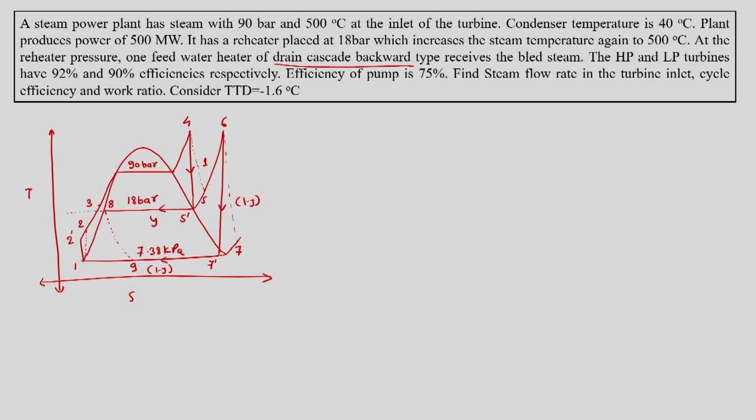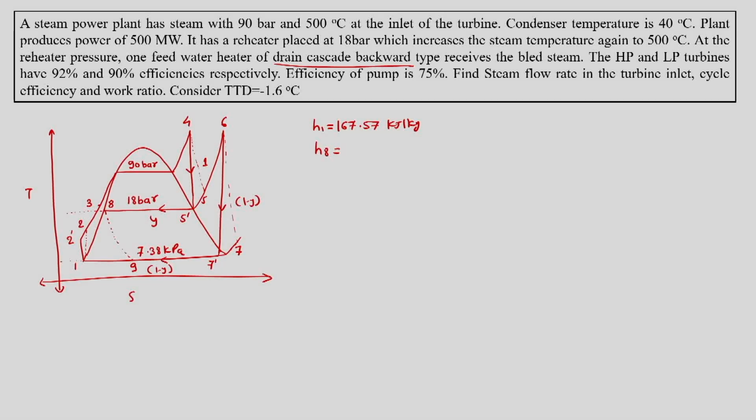So, we can find out from steam table for this H1, and H1 is 167.57 kilojoule per kg. Similarly, we can find out at 18 bar what is H8.